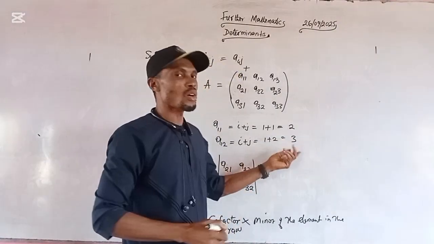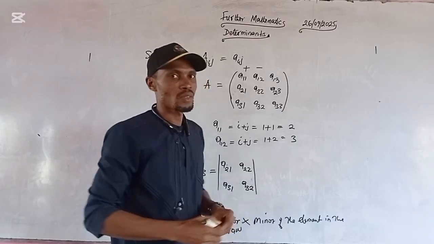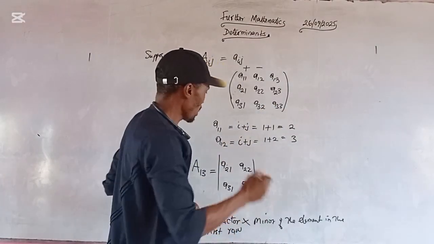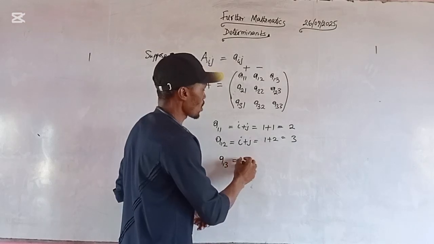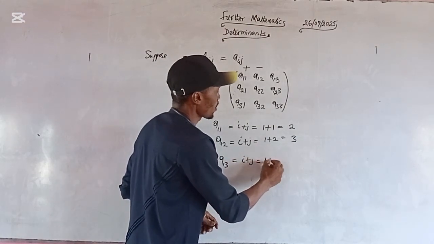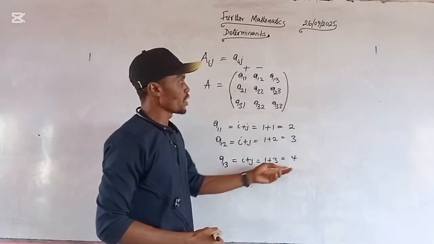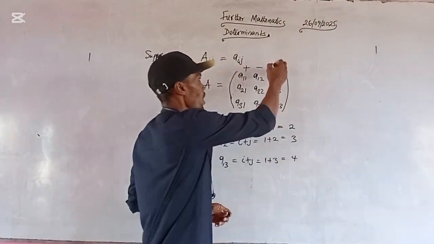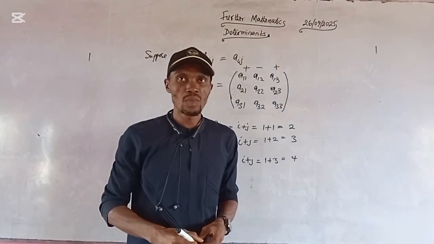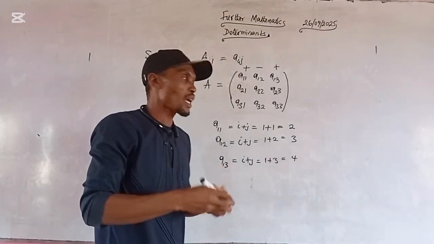Therefore, it is an odd number, and we are going to assign a negative sign. The same thing happens to A13, where i plus j is equal to 1 plus 3 equal to 4. This is an even number, therefore we are going to assign a positive sign. We can continue in the same pattern.